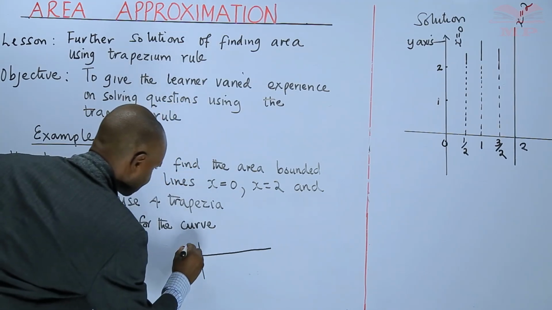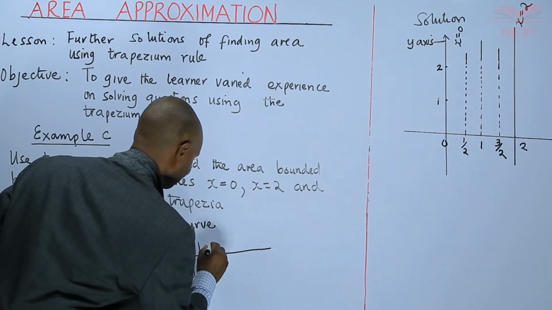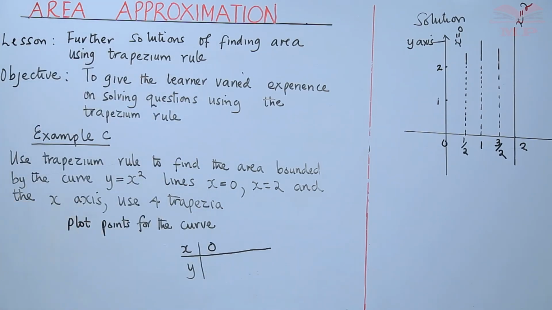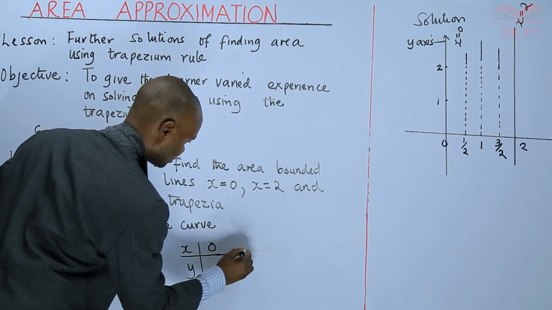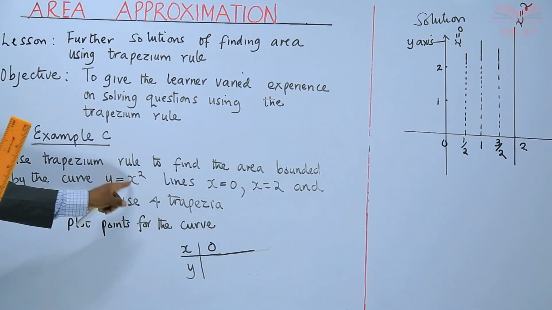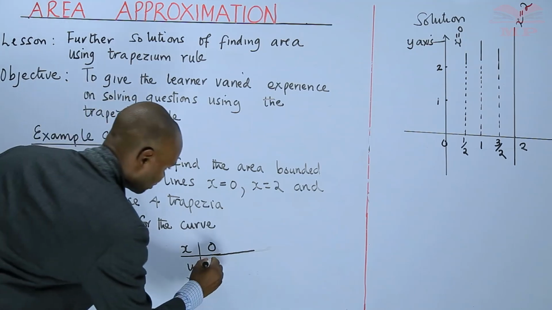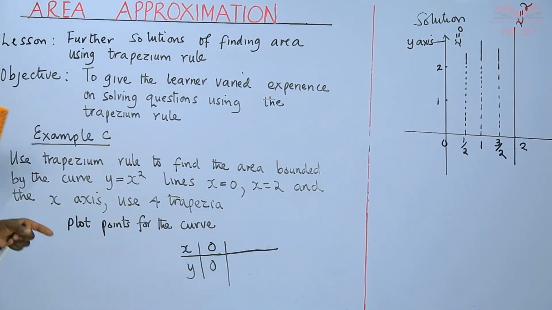So we have x, y. I start with 0. When the value of x is 0, 0 squared is 0, so the value of y will be 0. I'll move to a half.